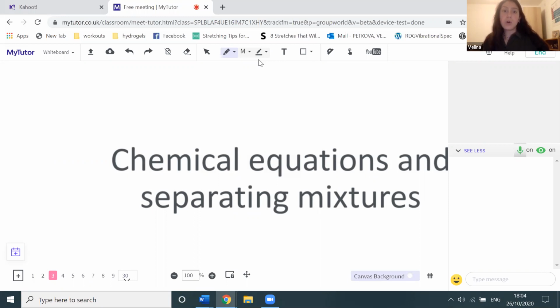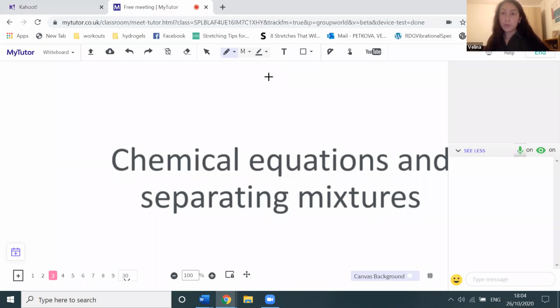So today we're going to be covering chemical equations and separating mixtures, and start by covering a bit of background information on atomic structure, which is very fundamental in chemistry. Tomorrow's lesson, we're going to focus on some other separating techniques, specifically paper chromatography and also fractional distillation. And then we're going to finish with looking at the noble gases, also covering a little bit of basic electronic structure.